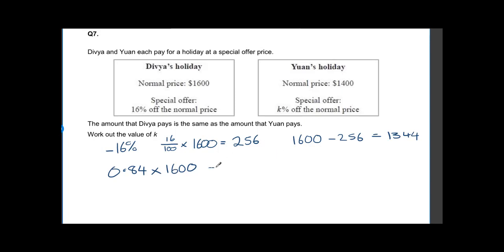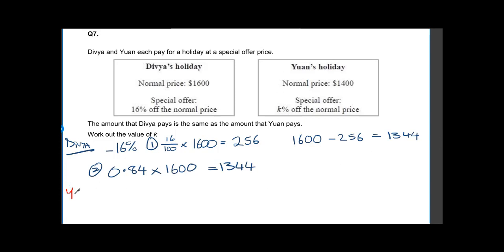Not a coincidence. So you can do it whatever way you want, method 1 or method 2, I don't care. Right. So that's how much Divya pays. And make your work clear so people can follow it. Sometimes it's like looking at Japanese.